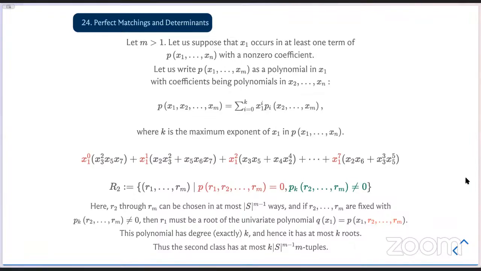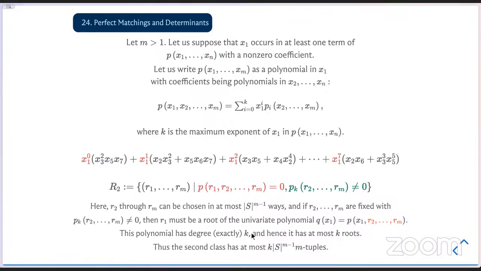Going back to Jayati's question of why we are working with the highest order polynomial. Let's say we worked with a different term. Then when you plug in the values for R2 through Rm, you get a polynomial whose degree would be less than k, I think.